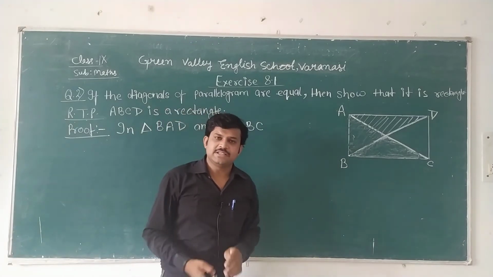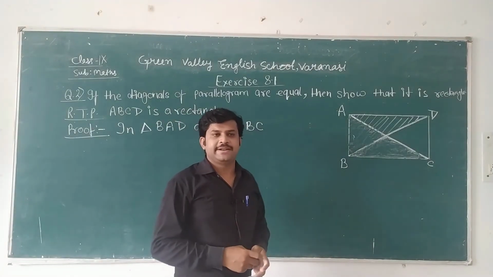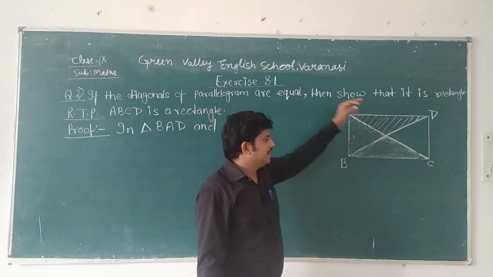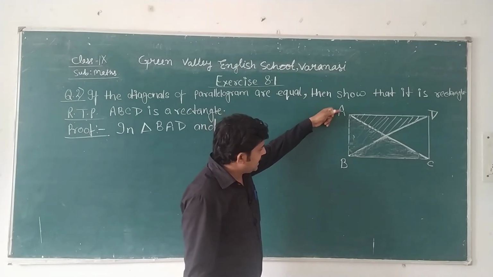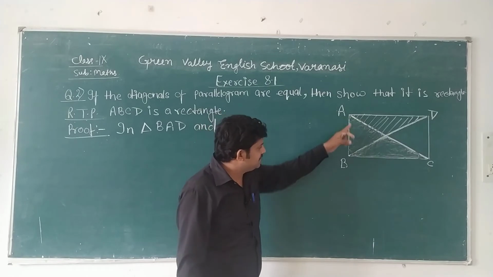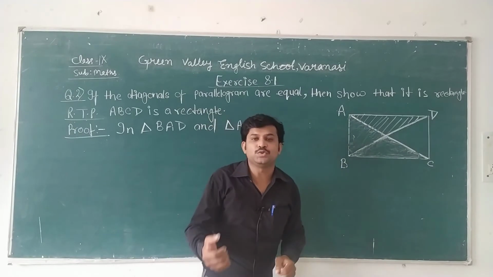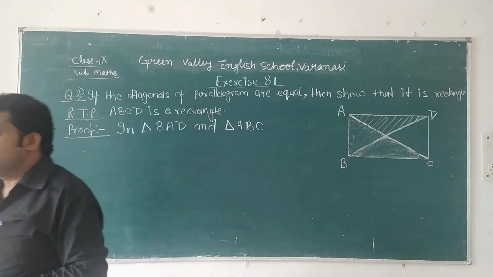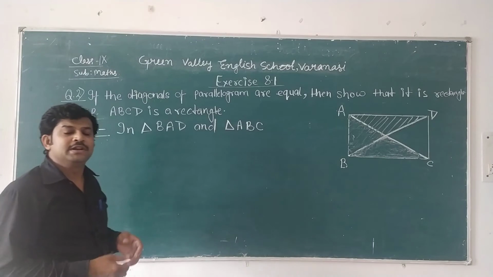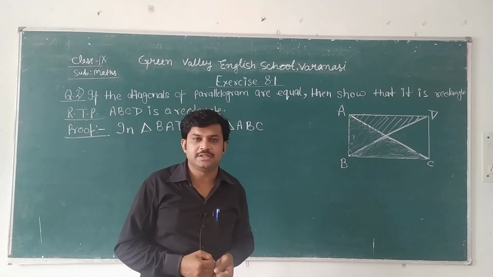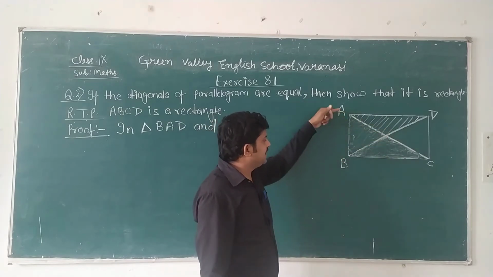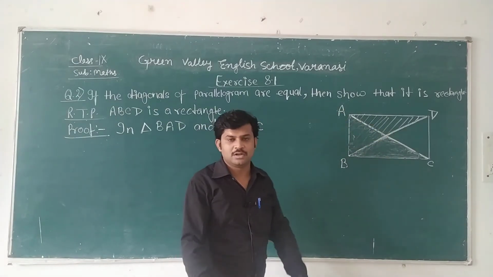If both the triangles are congruent, then angle BAD and angle ABC are both equal, and the sum of these two angles is equal to 180 degrees, because the sum of the measures of angles on the same side is 180 degrees. First of all, we will prove triangle BAD and triangle ABC are congruent.